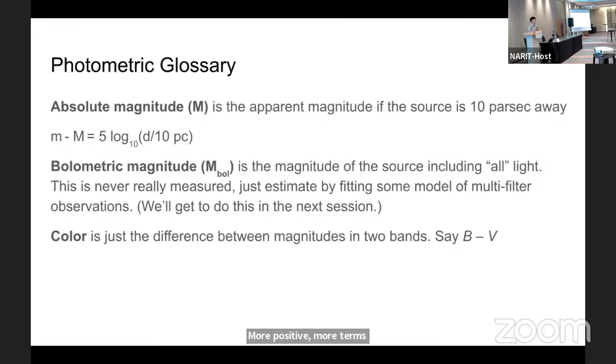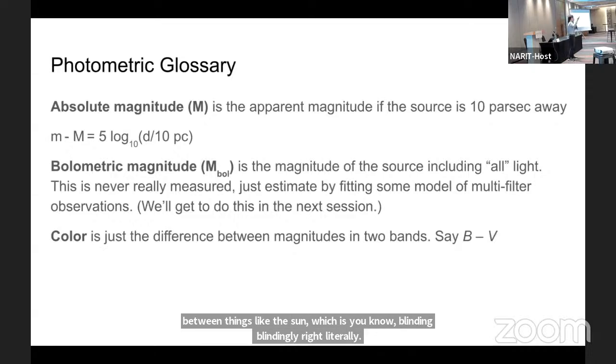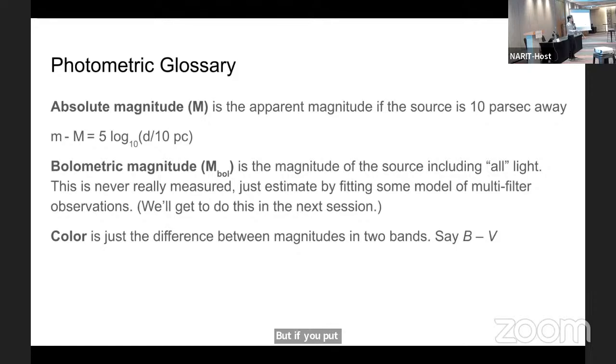We talk about magnitude, but really when we talk about magnitude of things we see here from Earth, that is called the apparent magnitude. And that just tells you how bright things are based on observation from Earth. But how would you tell the difference between things like the sun, which is blindingly bright, literally. But if you put the sun at the same distance as things like Betelgeuse, you can barely see it, right?